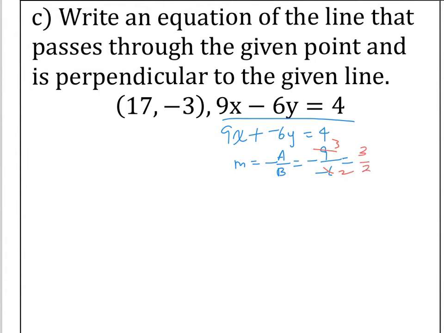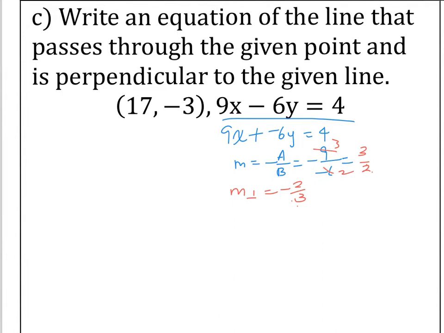And the perpendicular slope will be given by 2 over 3 and putting a negative sign in front of that, because negative 2 over 3 is the negative reciprocal of 3 over 2. The product of these two slopes would be equal to negative 1.